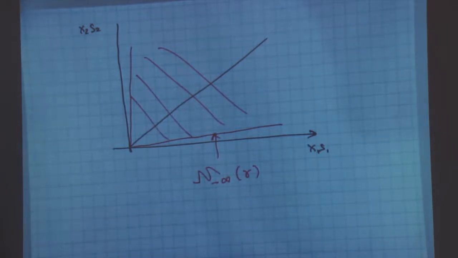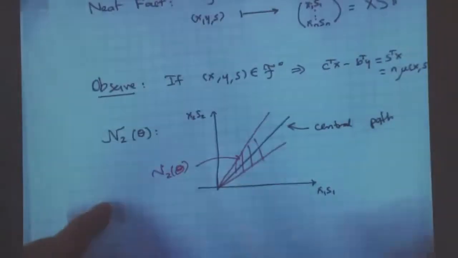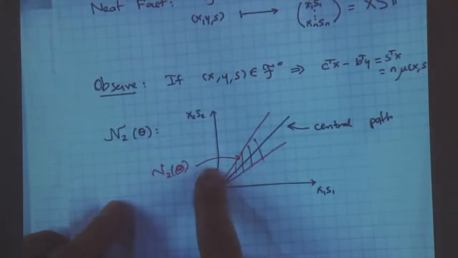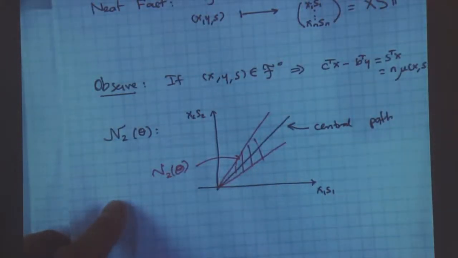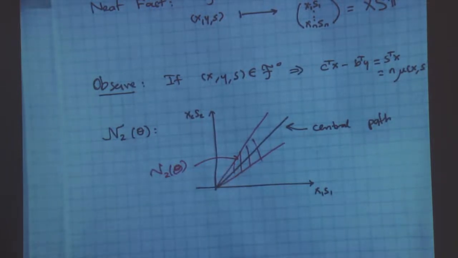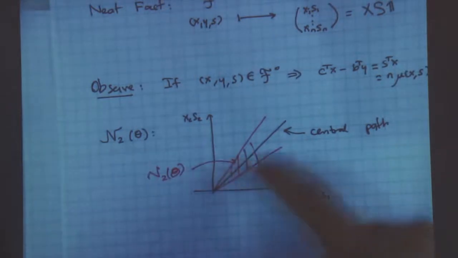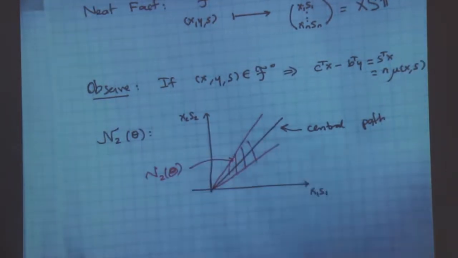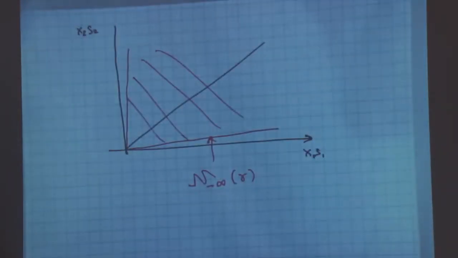By contrast, N2 of theta, even if we pick theta equal to 1, is typically going to be a small neighborhood of the central path. It's going to be just a small cone around the central path. All right. So I think I have almost everything ready to describe the algorithm.